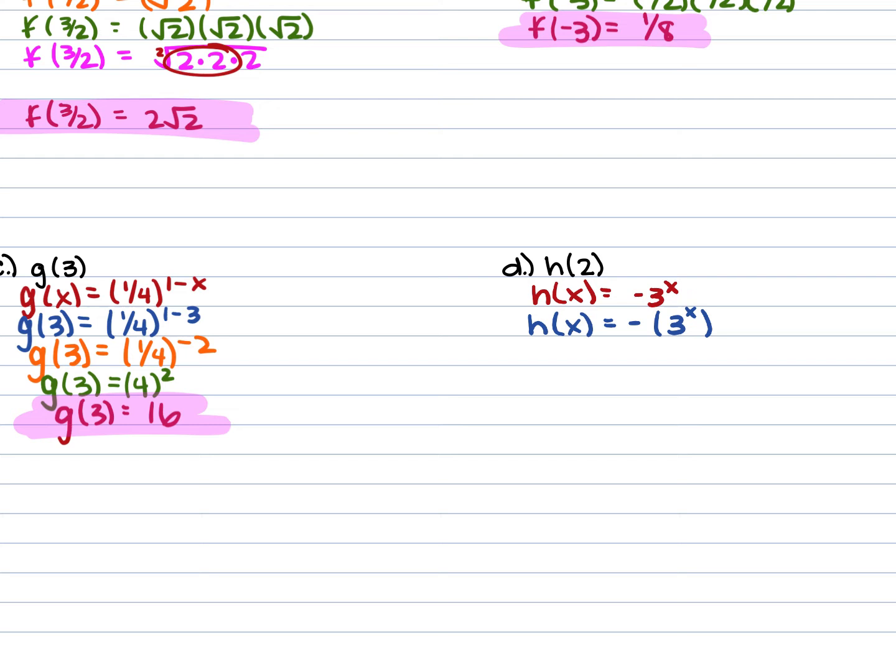So that negative is literally telling you to take the opposite of whatever 3 to the power of x is. If we plug in that 2 for x and find h of 2, it's going to be the opposite of 3 squared. 3 squared is 9. So h of 2 is going to be the opposite of 9. The opposite of 9 is negative 9. So h of 2 is equal to negative 9.